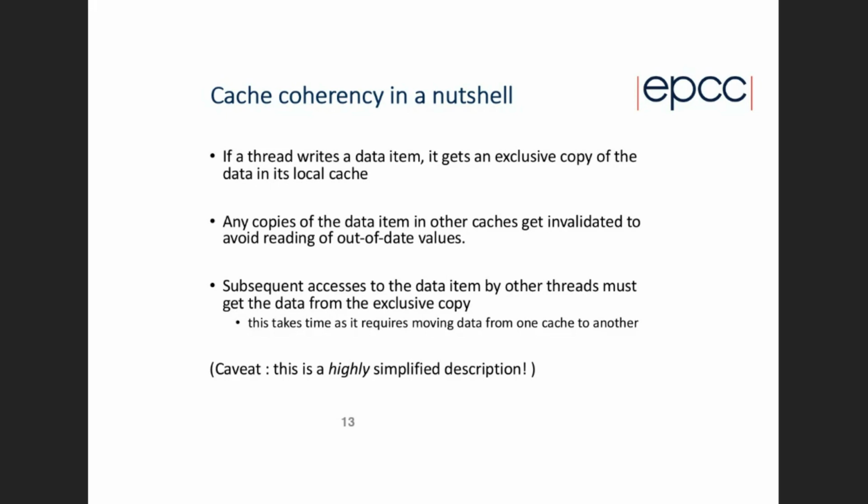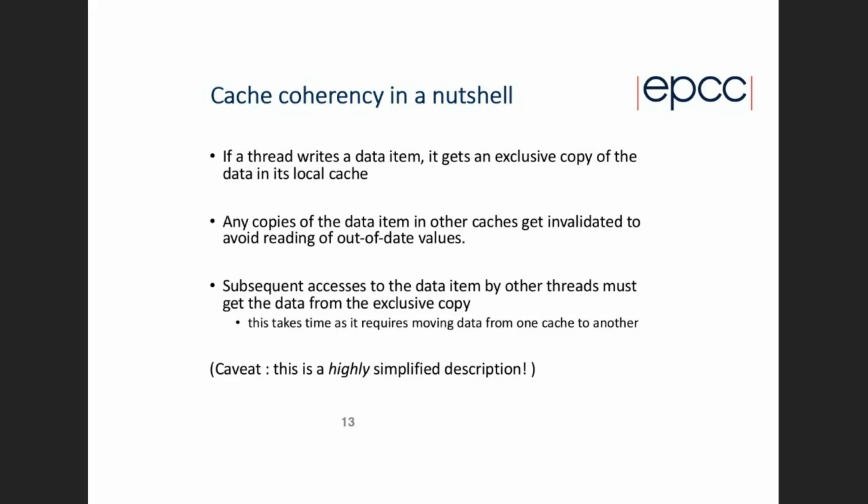So for example, if I have level 3 caches, to transfer data from one level 3 cache to another level 3 cache, the cost of doing that is very similar to fetching data from main memory into the level 3 cache. So cache-to-cache transfers are expensive.